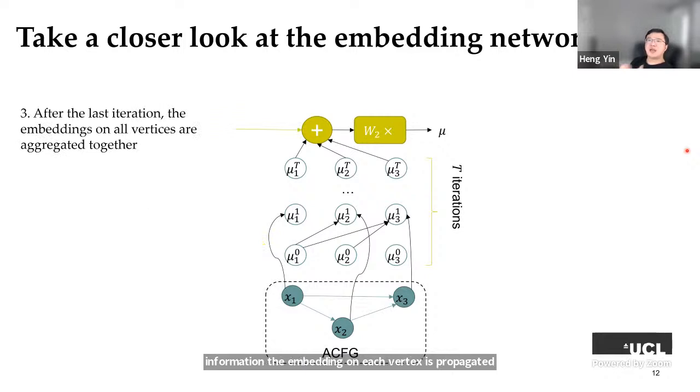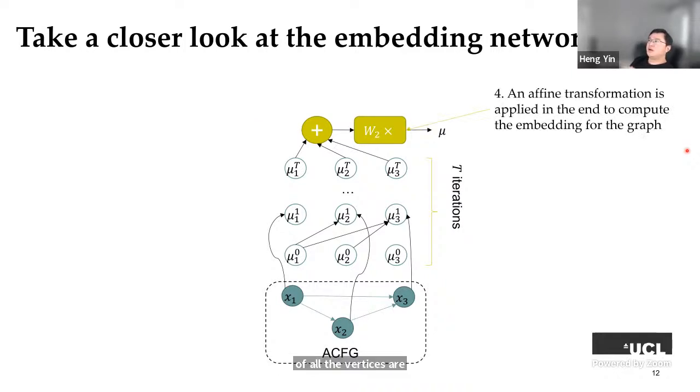After the last iteration, the embeddings of all the vertices are aggregated together, and then a transformation is applied in the end to compute the embedding of the graph. Okay, this is one kind of implementation. As you probably realize, you can apply many different variants of graph neural networks that more or less achieve the same goal.